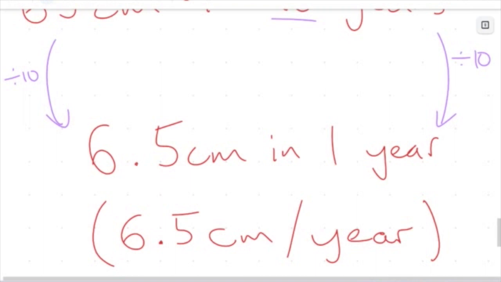And we're going to be looking at this a lot more in this course. And this idea goes all the way through the high school maths syllabus. But all we need to know now is that we can find an average rate. That's what we've done here. And all rates compare two different quantities, some quantity per one of another quantity.